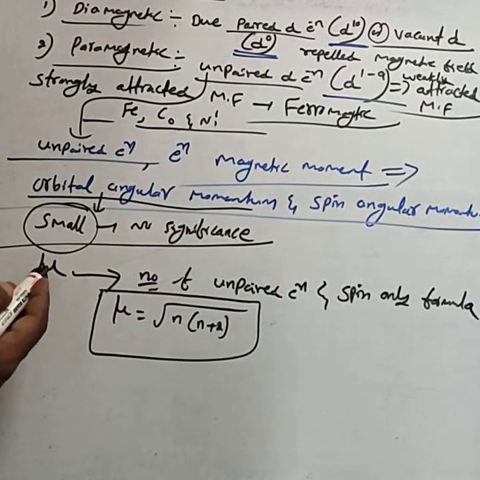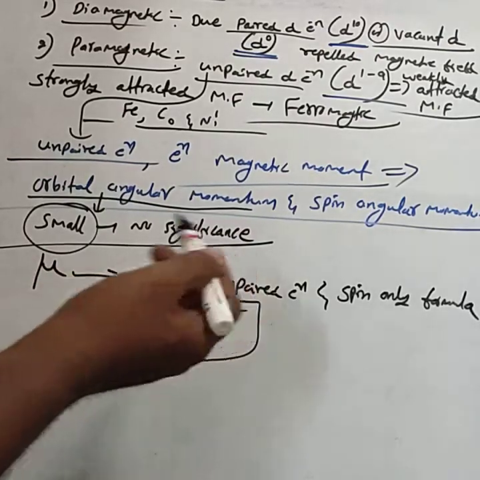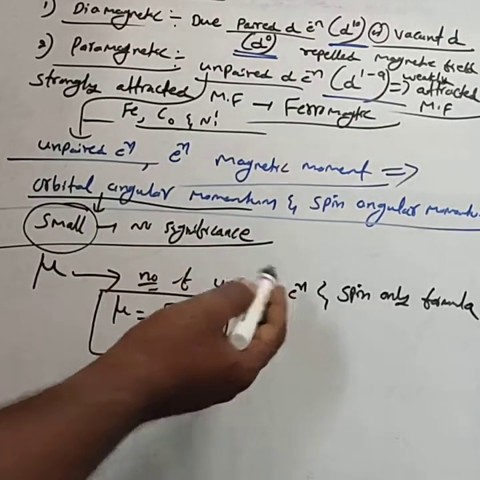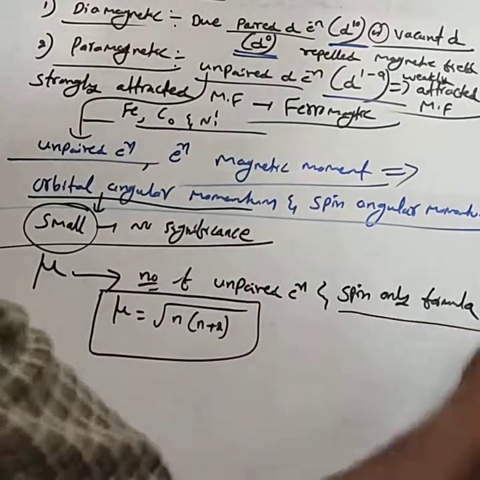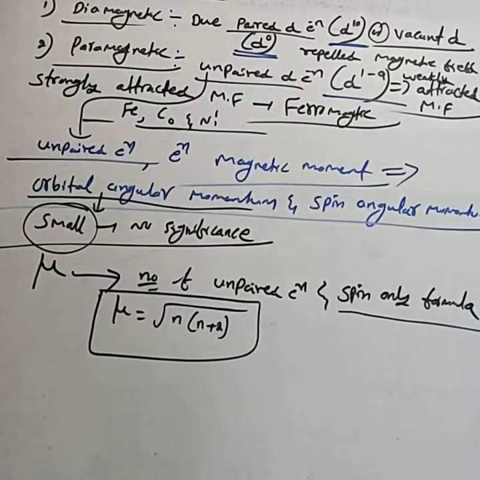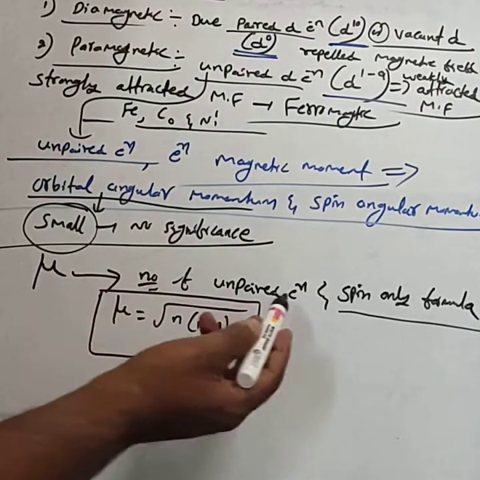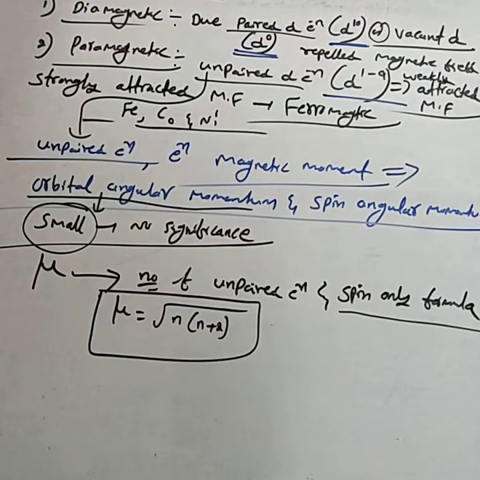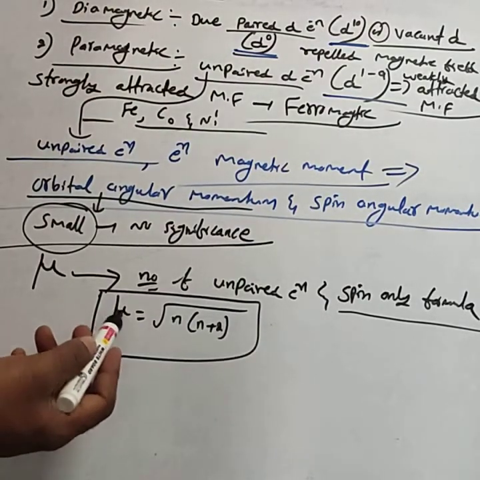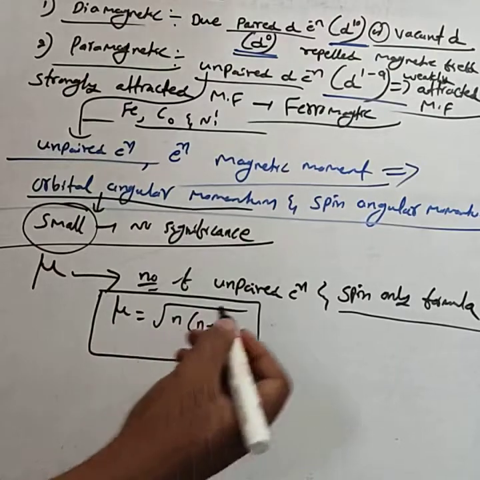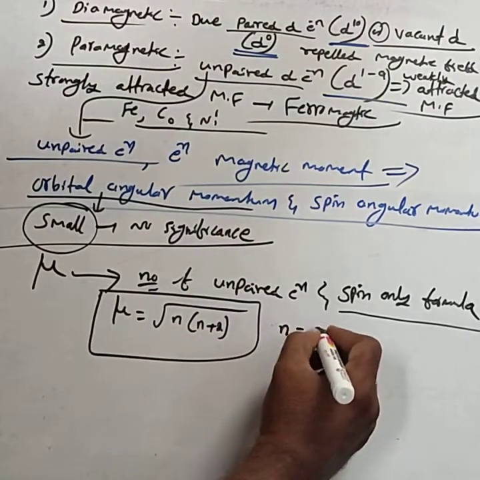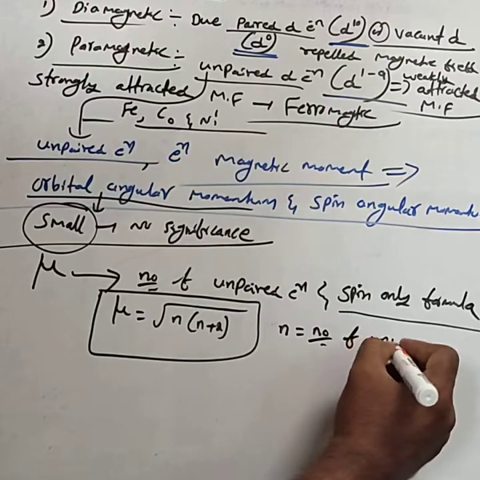It is used because orbital angular momentum is neglected, and the magnetic moment is calculated from the spin angular momentum. Here n is the number of unpaired electrons.